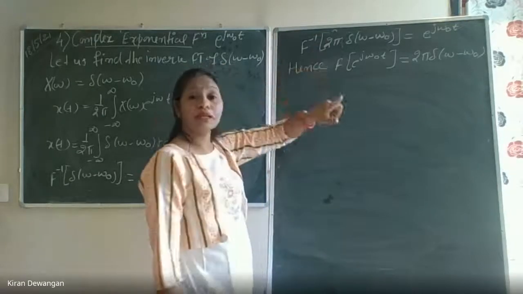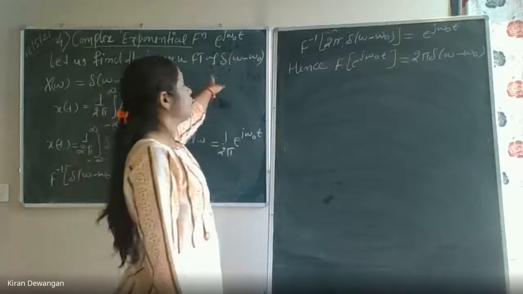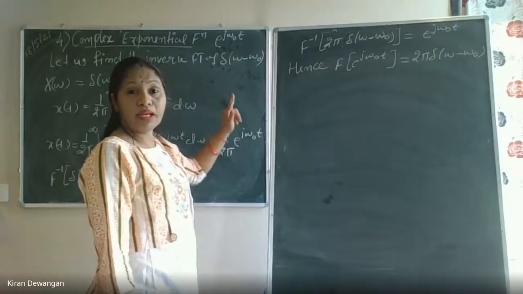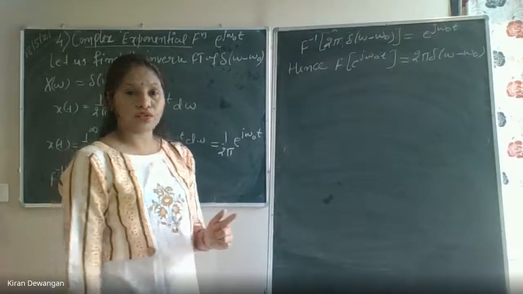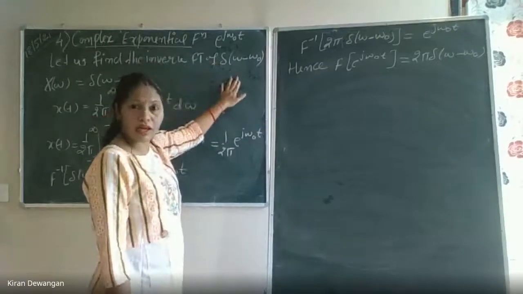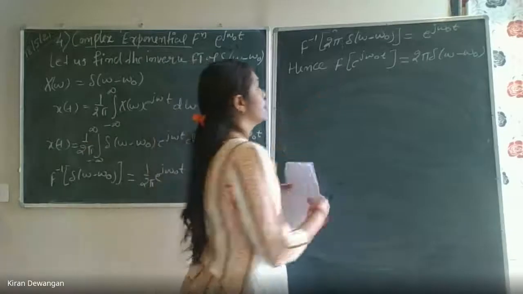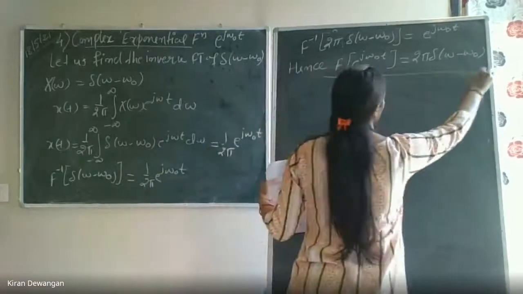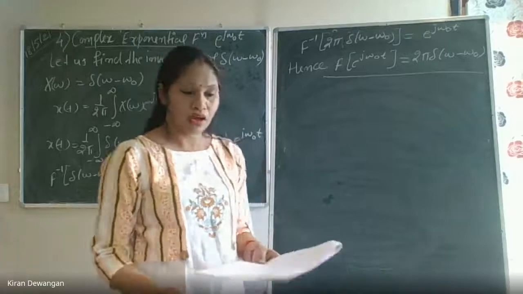But because we were not able to find it directly, we have come in this way. It doesn't mean that our Fourier transform will not exist; definitely we'll have the Fourier transform of it, but we have to go in the reverse, inverse process to obtain it. So we have got that the Fourier transform of e to the power j omega naught t is 2 pi del omega minus omega naught.